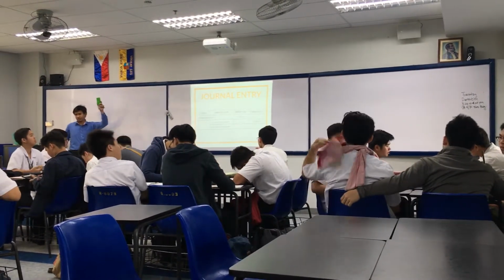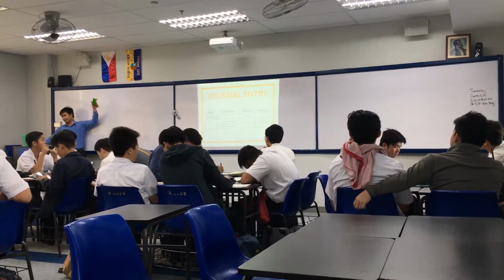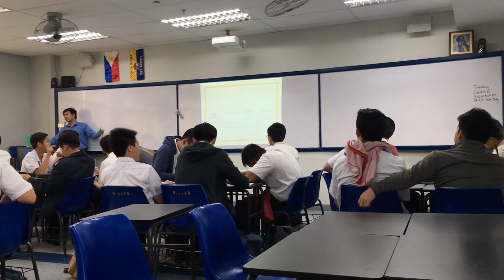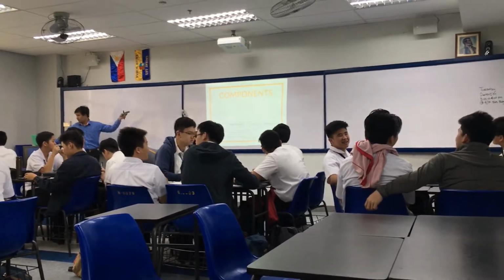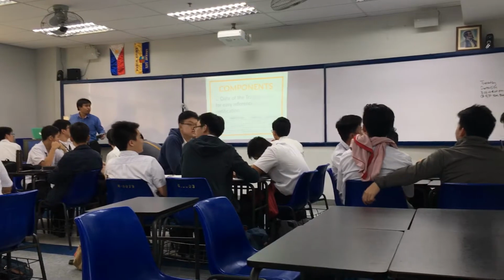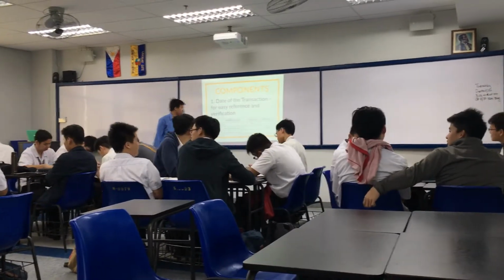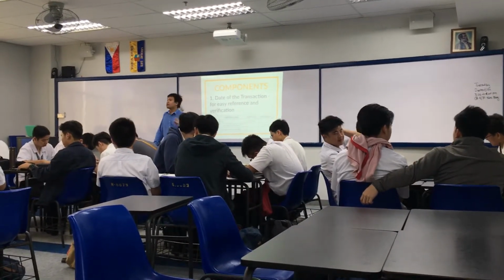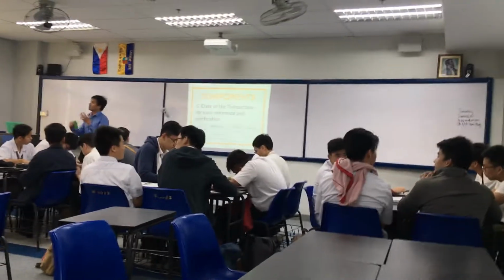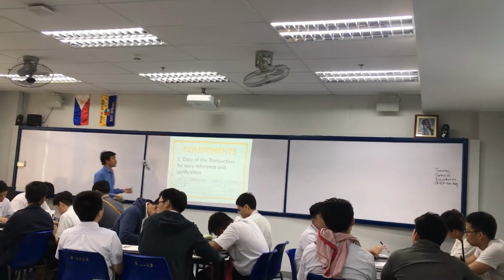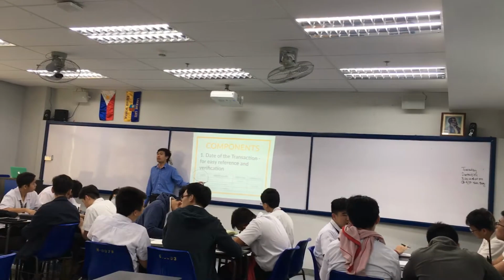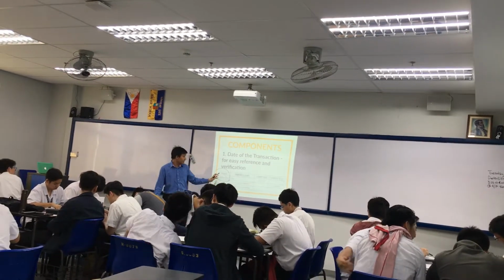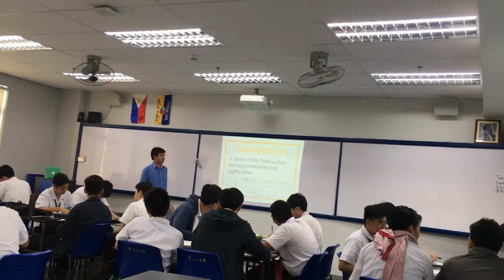Alright. Quiet. Okay, let's discuss the components now. First component is of course the date of the transaction. We accept numerical versions of the date. So for this one, it's July 4, 2017, so 07/04/2017.